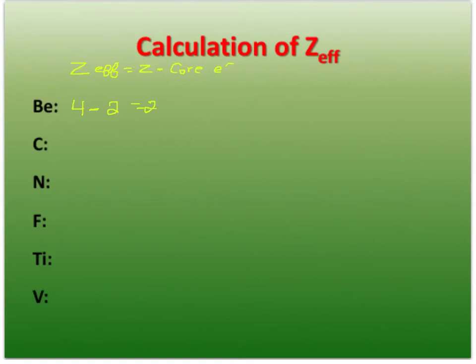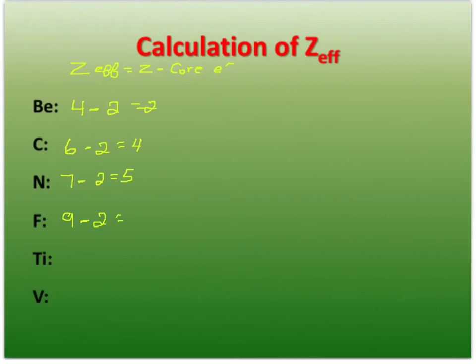Carbon has an atomic number of 6 with 2 core electrons, so that gives us an effective nuclear charge of 4. Nitrogen, an atomic number of 7 with 2 core electrons, gives us a Zeff of 5. Fluorine would be 9 minus 2 core electrons.